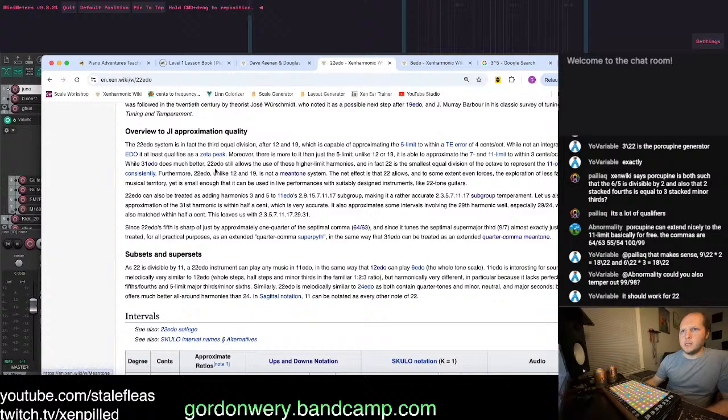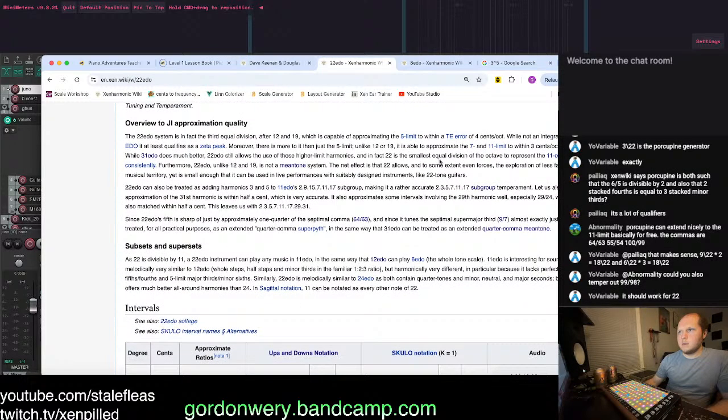Represents the 11 odd limit consistently. It's not in mean tone. Adds 3 and 5 to 11 Edo's subgroup.